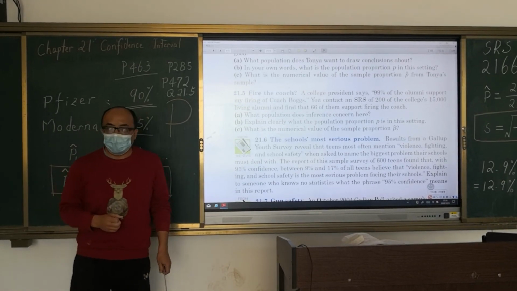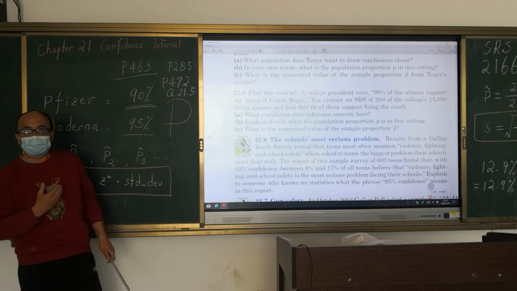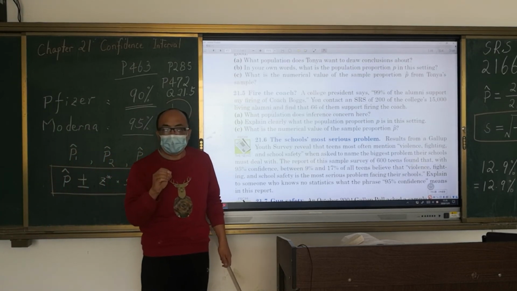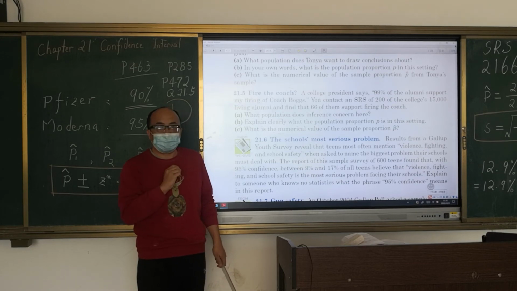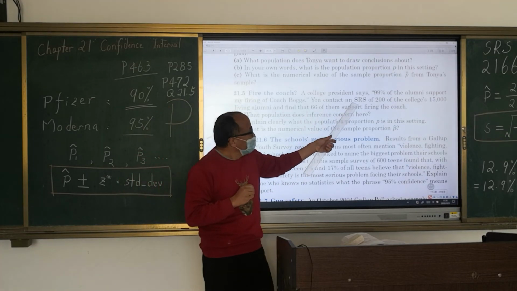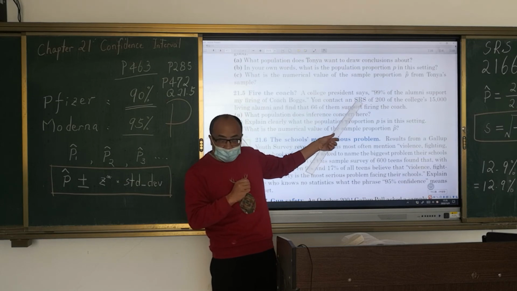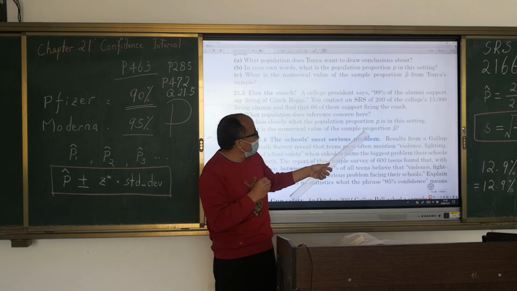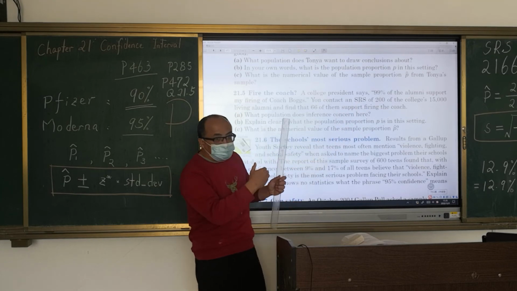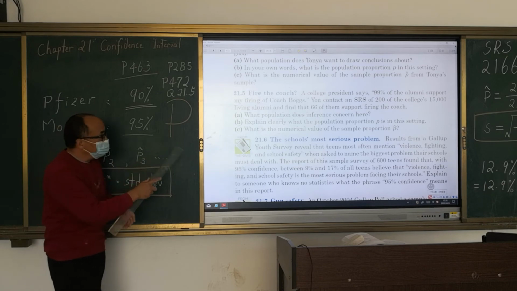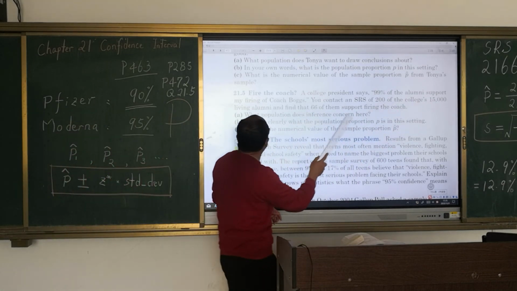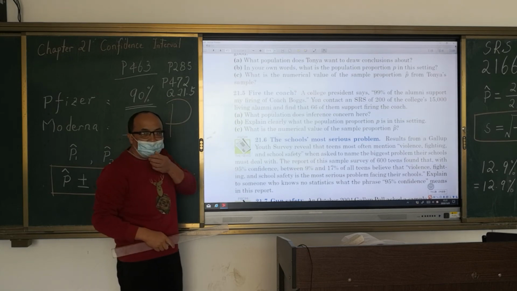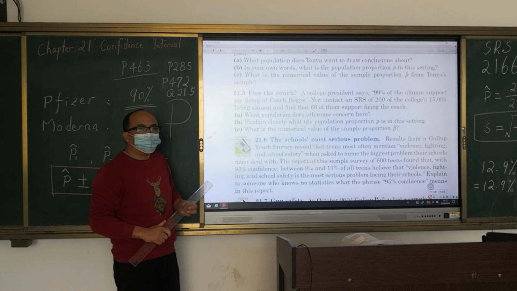Then you don't believe him. Then you try to study. You did a research. This can be a very interesting project. So what is SRS? Simple random sampling. There are 15,000 alumni still alive, Harvard alumni.